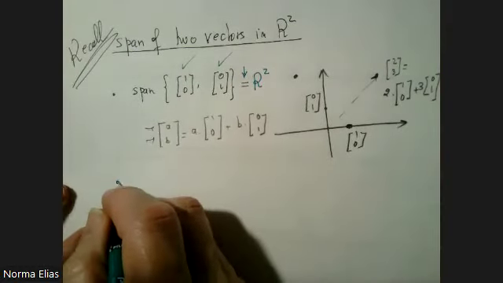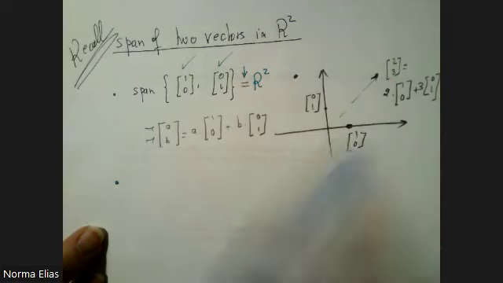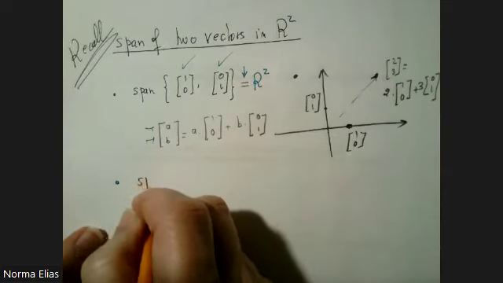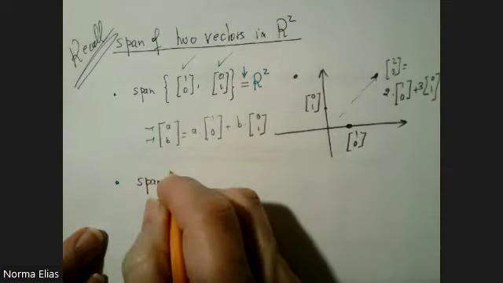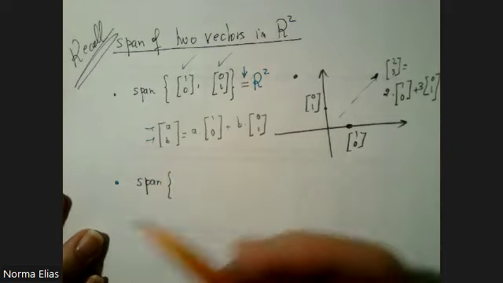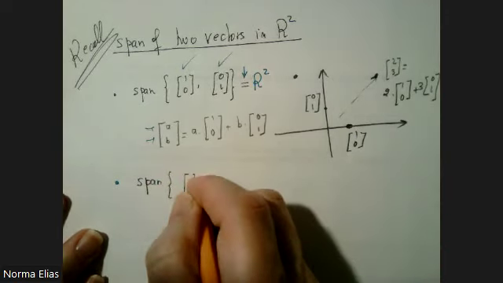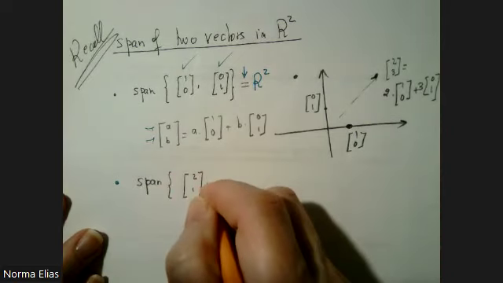Now, question number 2, which we also did last time. I took those two vectors, (2, 1) and (-3, 2).